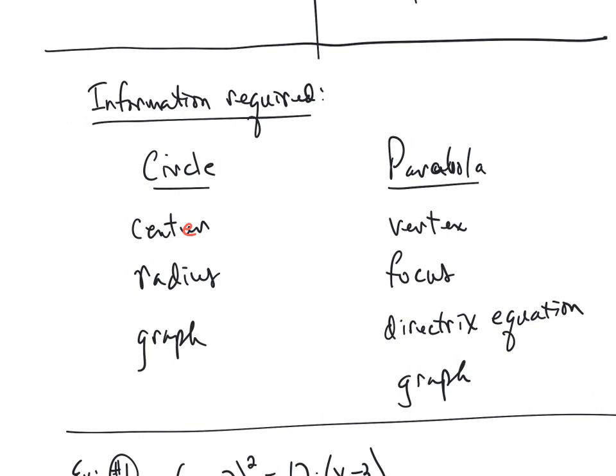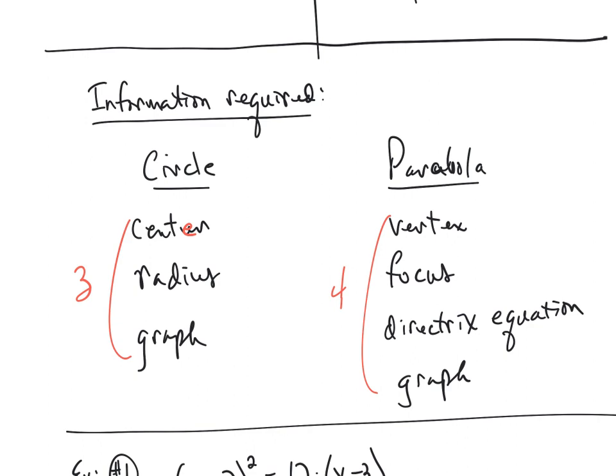Now, with parabolas, starting today, when I give you the equation of a parabola, I'm going to expect you to be able to tell me the vertex, the focus, the equation of the directrix, and draw me a decent graph. So there's going to be 3 things you're required to do when we have circles, 4 things when we talk about parabolas. And the numbers will change as we move along to ellipses and hyperbolas. You'll have different things that you're going to be responsible for.